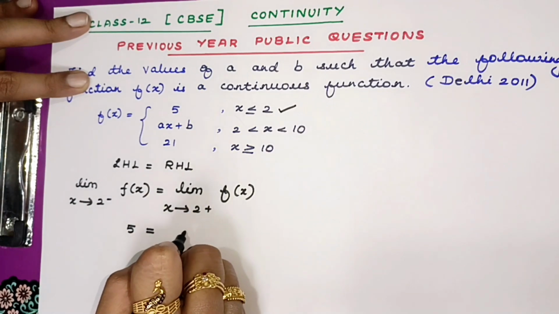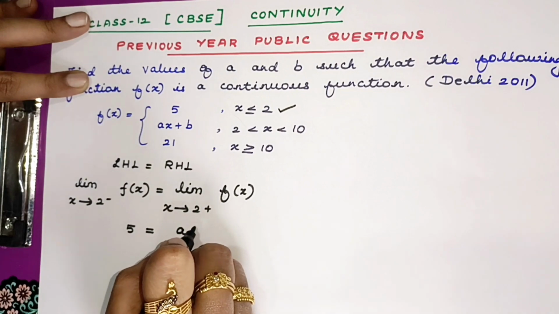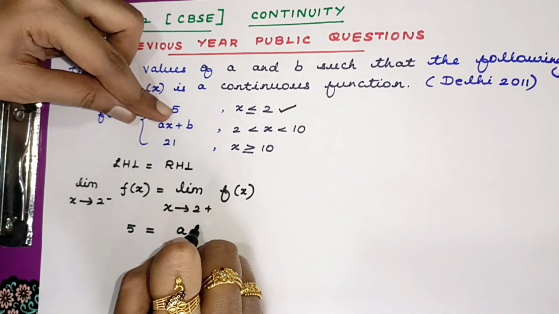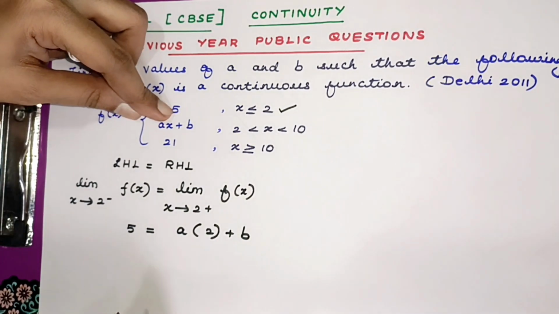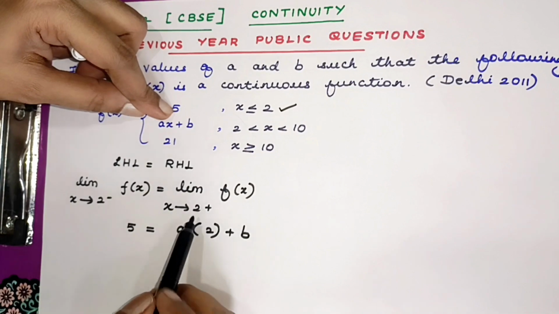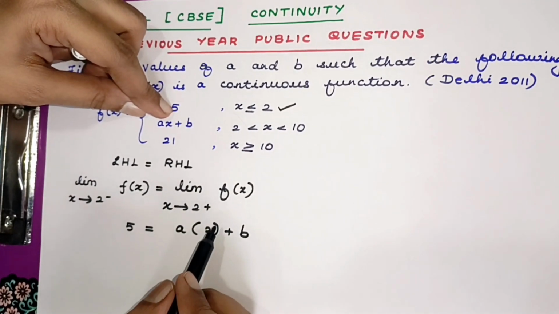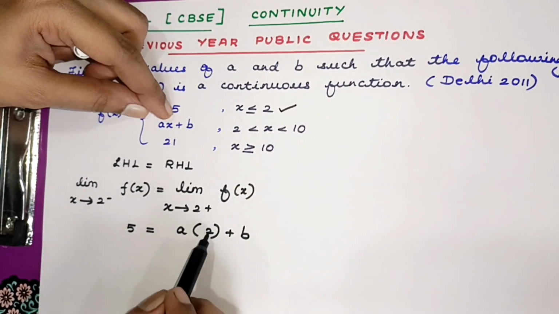Ax plus b, in place of x we have to substitute 2. So a into 2 plus b. Actually we would substitute 2 plus h and replace the value of h as 0, but we don't need one more step, so I am directly substituting the value of x as 2.